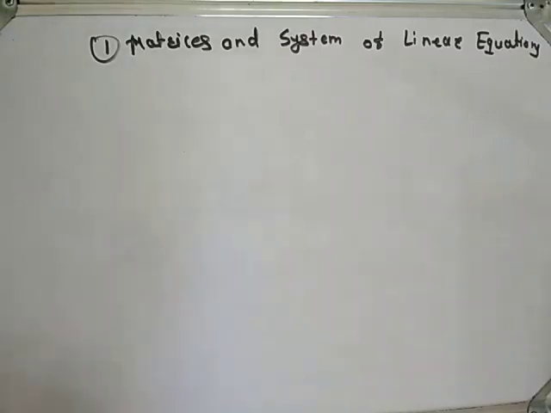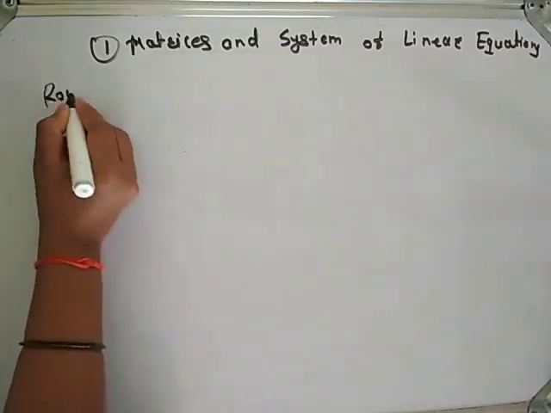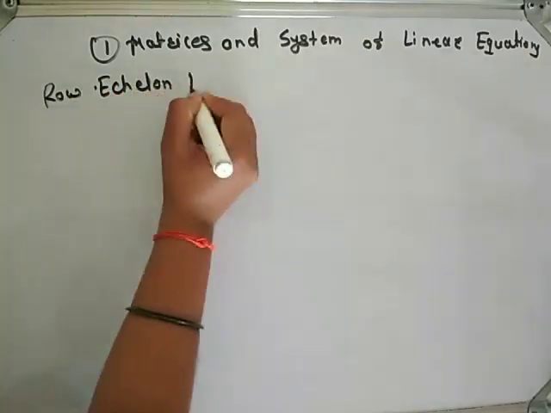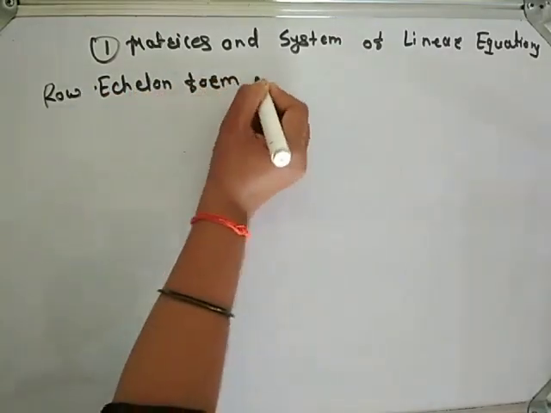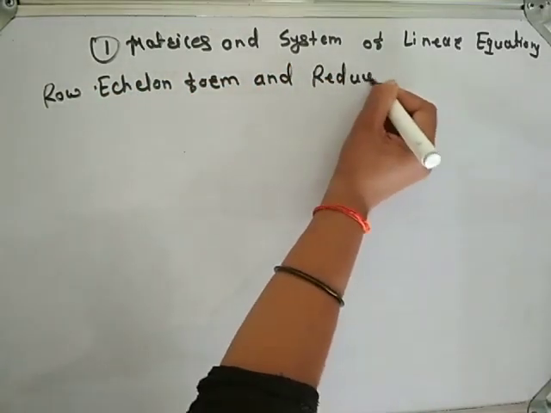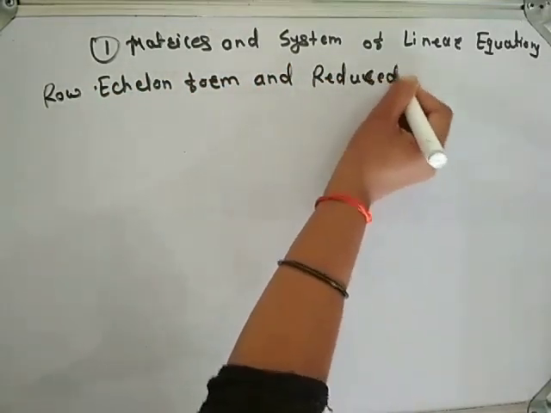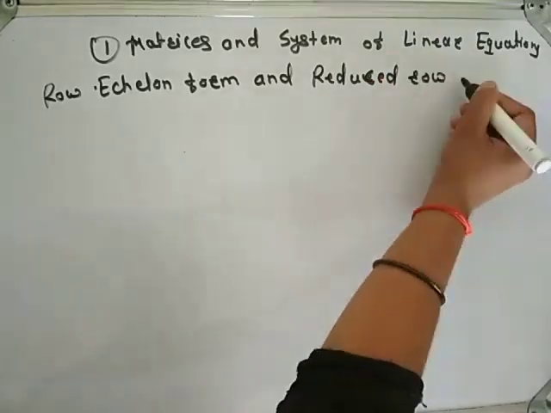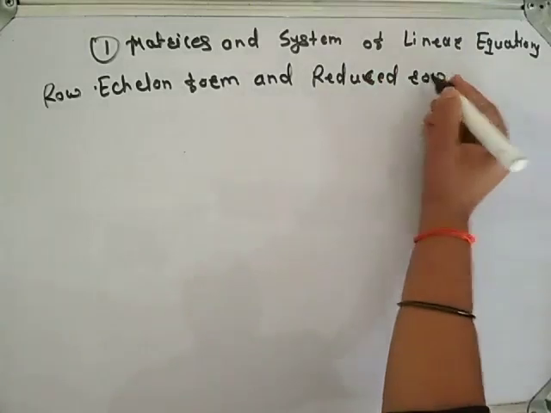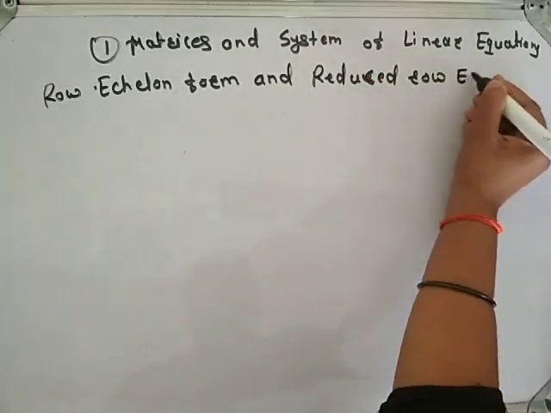In this chapter, first topic is row echelon form and reduced row echelon form.